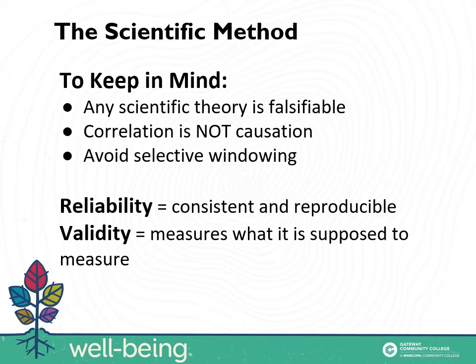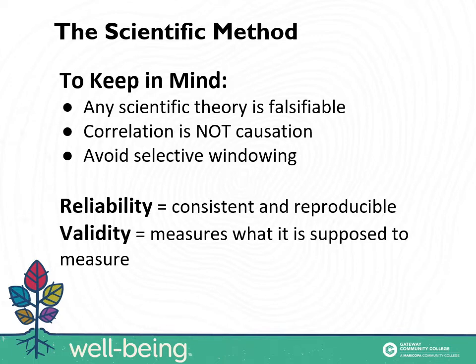Keeping in mind that any scientific theory is falsifiable. It's easy to use the data to tell whatever story it is you want. And correlation is not causation. Just because two variables are shown to have a relationship with each other doesn't mean that one variable is the cause of the other.